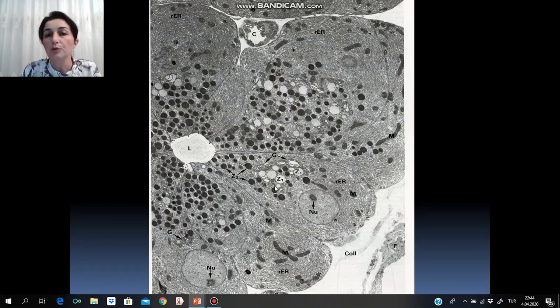Also, these cells will produce trypsin inhibitor, which will prevent activation of the enzyme inside of these cells. Activation of the pancreatic enzymes will take place just in the lumen of the duodenum.